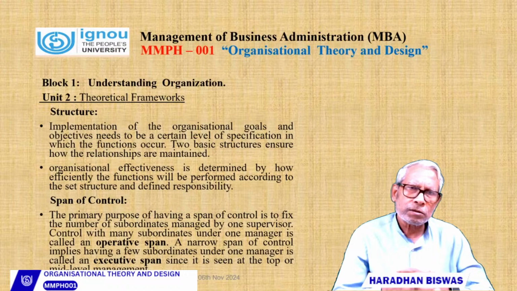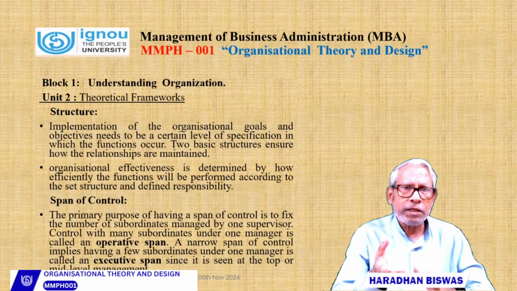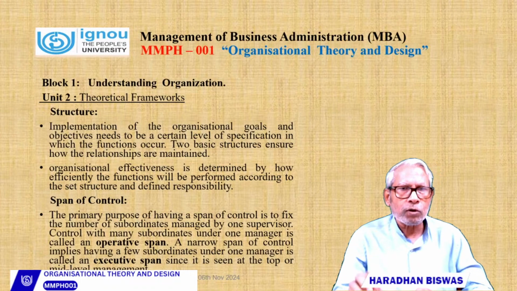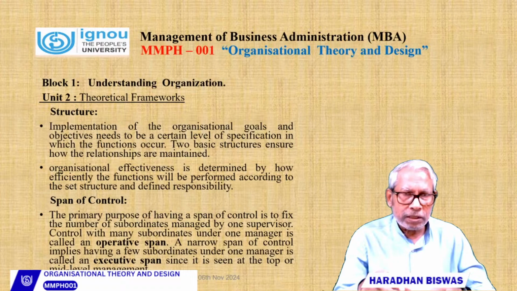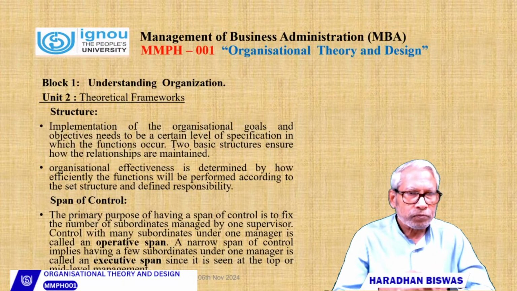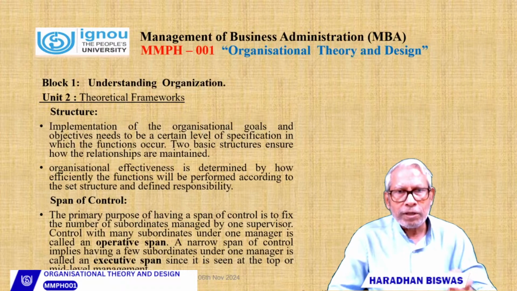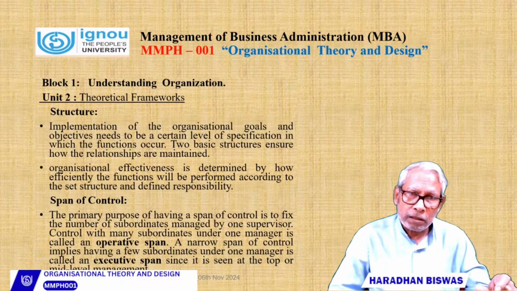If something is missing, then it may damage the overall structure. And everybody has to perform. If one particular section within the structure is not performing well, then the whole structure will be affected because of that. So everybody has to be defined, and should not be overloaded or underloaded.